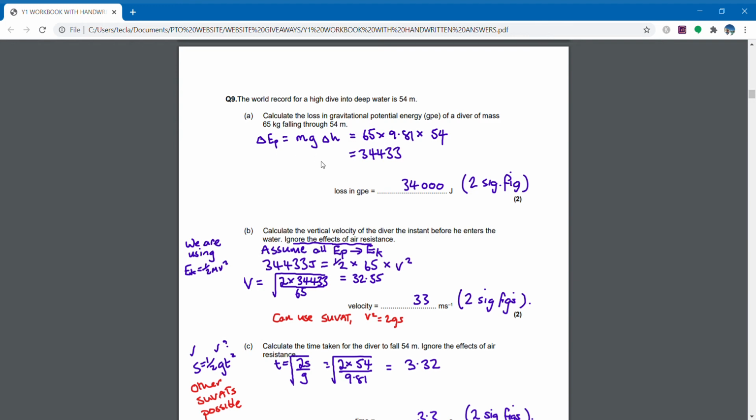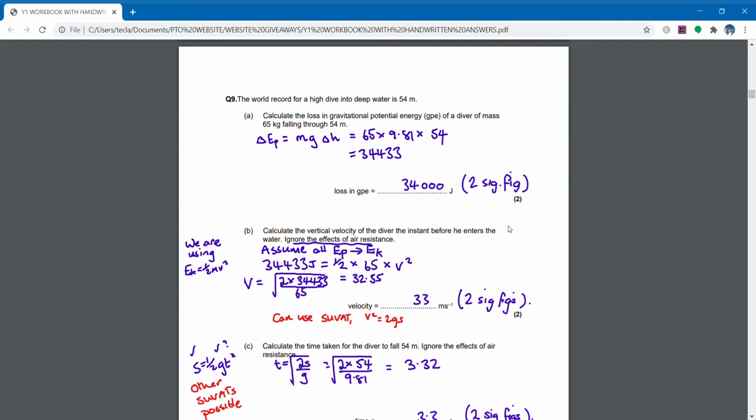Mass times gravitational field strength times the change in the height. So that's going to be 65 times 9.81 times 54 metres, and that gives us 34,433, or 34,000 joules to 2 sig fig.